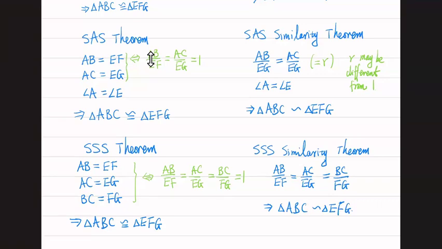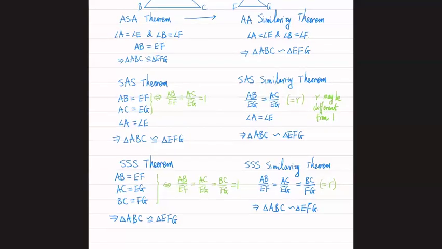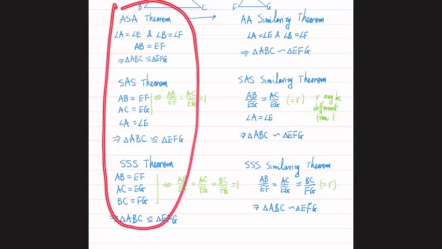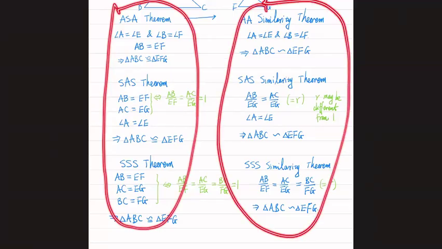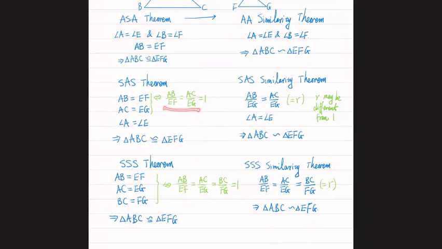Again, the ratio here may be different from 1. Now we have theorems about congruence and theorems about similarity, with the corresponding conditions from congruence to similarity.